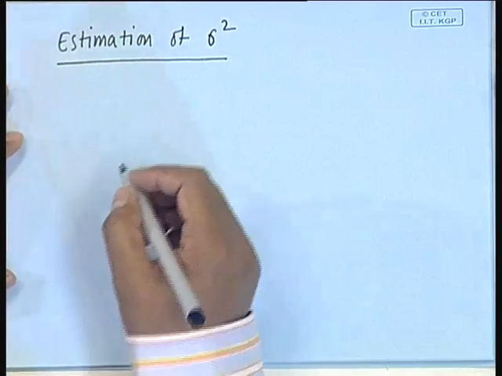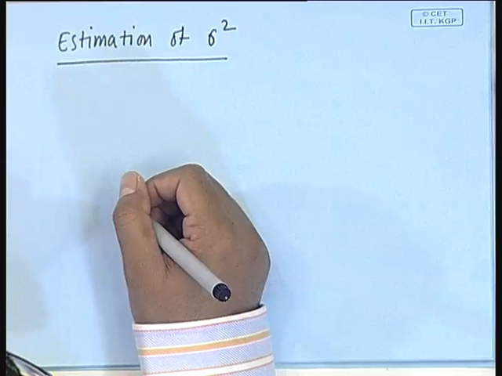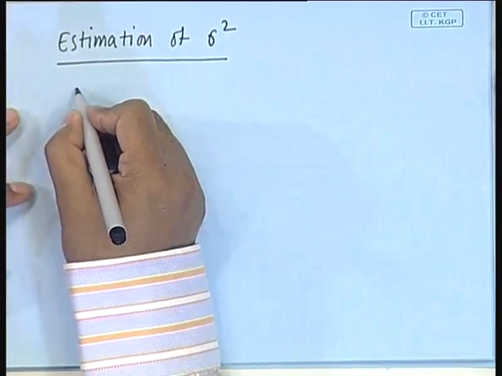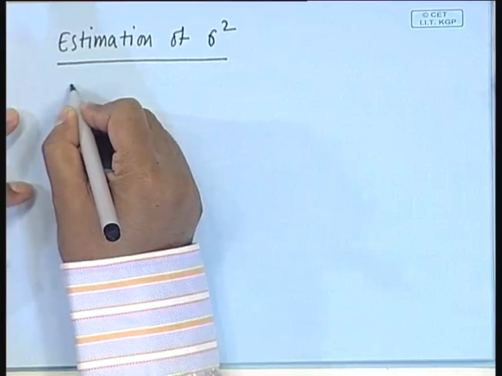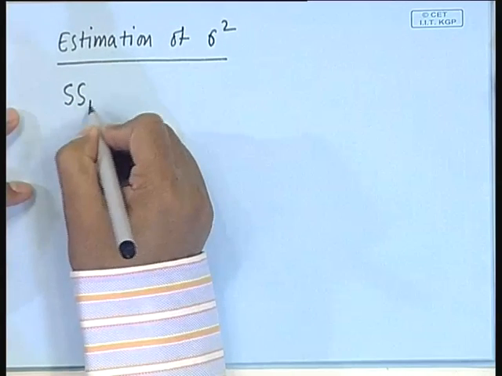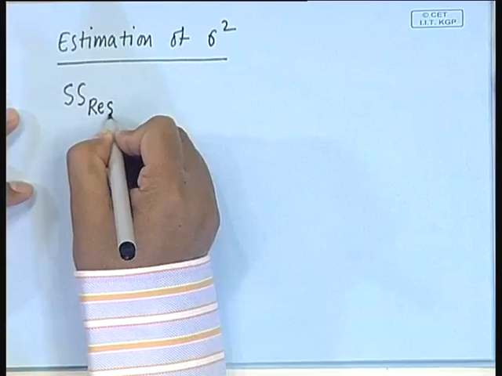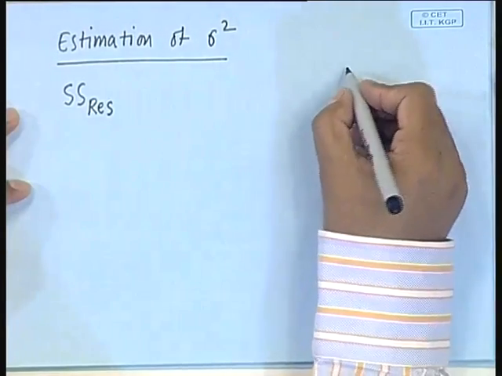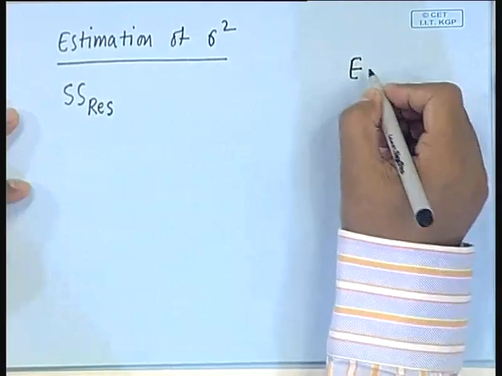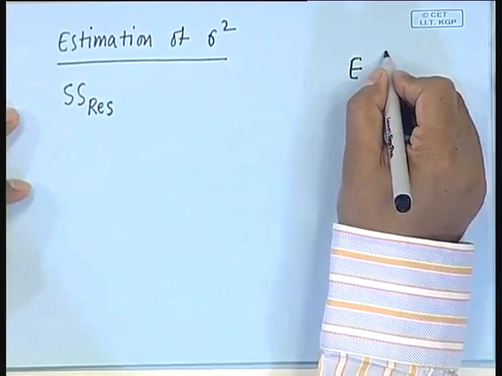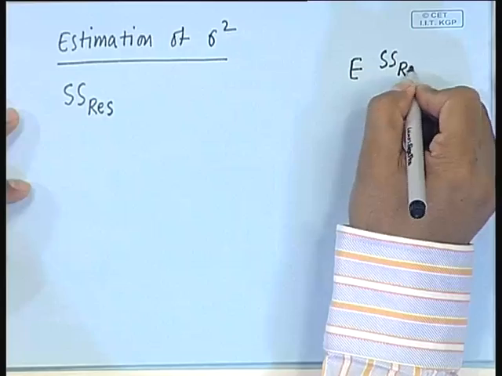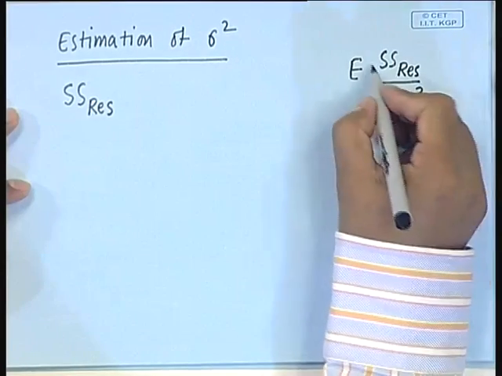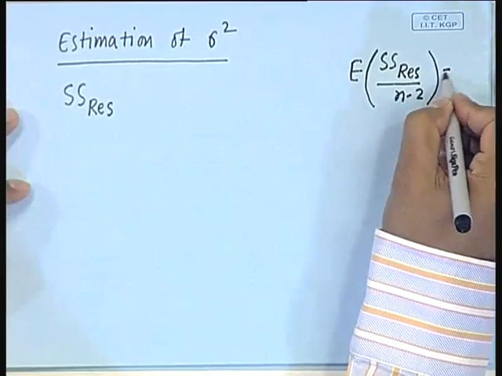Well, the estimation of sigma square is obtained from the residual sum of square, SS residual, and finally, we will be proving that the expected value of SS residual by n minus 2 is equal to sigma square.